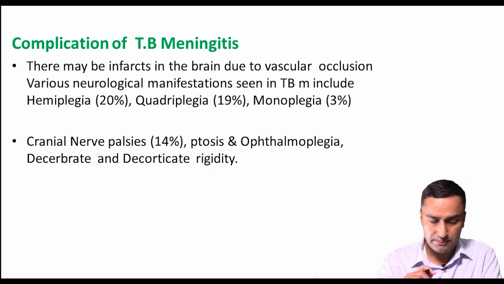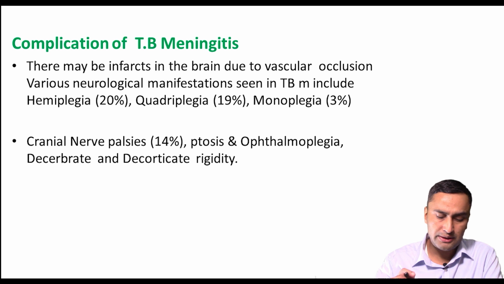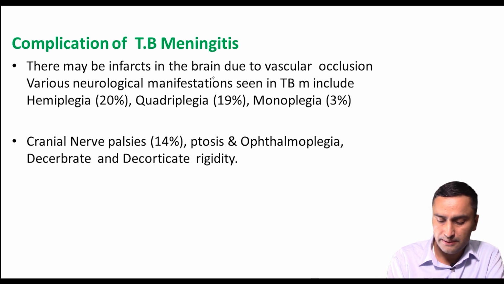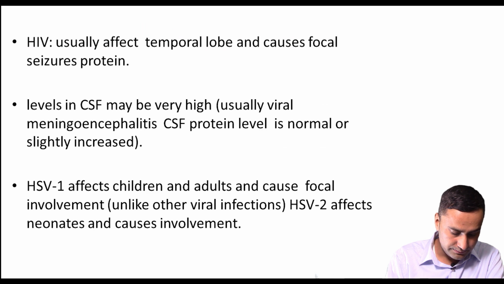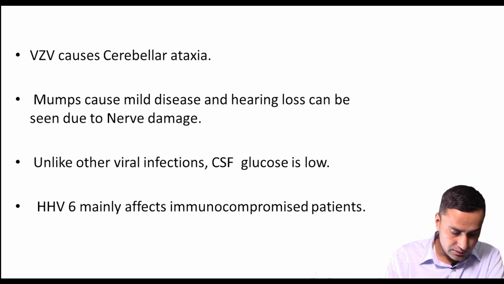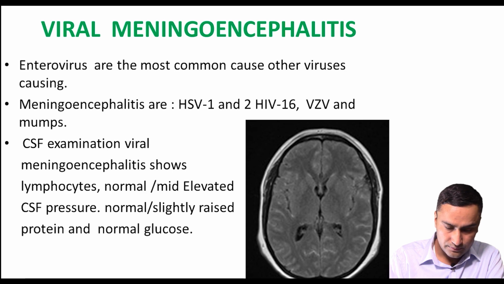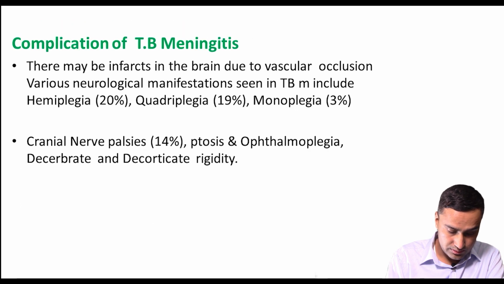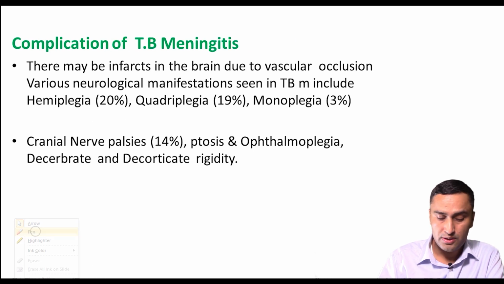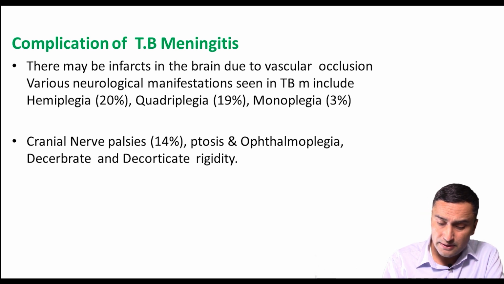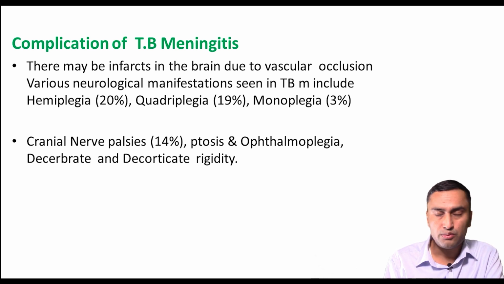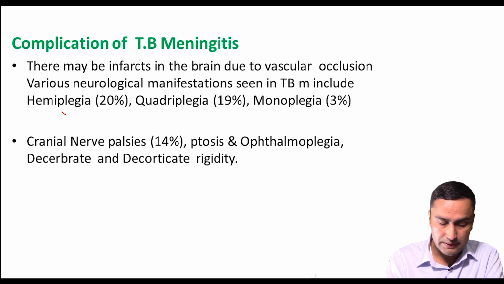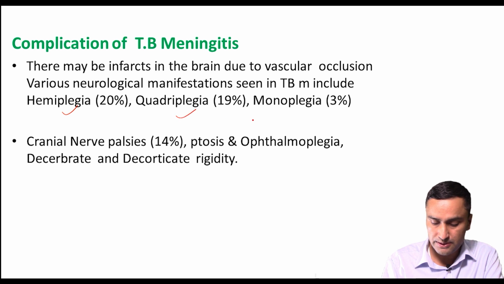So what are the complications of TB meningitis? There may be infarcts in the brain due to vascular occlusion, which lead to various manifestations seen in TB, including hemiplegia in 20%, quadriplegia in 19%, and monoplegia in 20%.